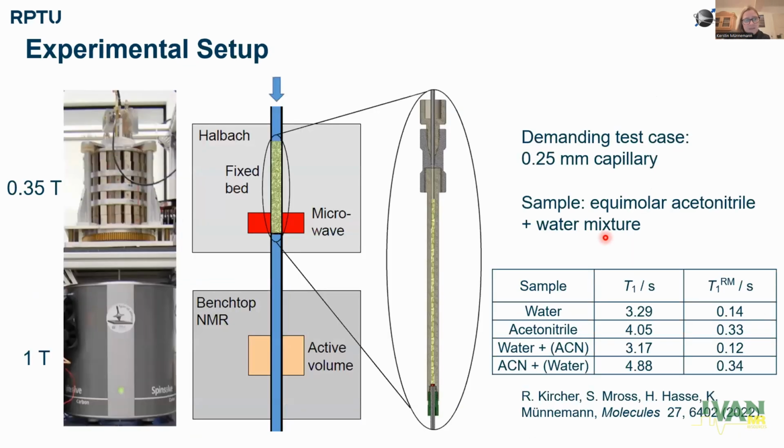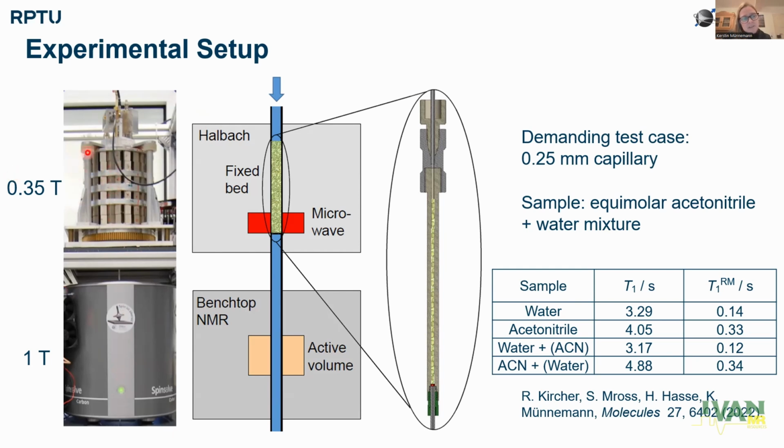Okay, so in our lab, we use a very simple setup because we want to keep it small. If the benchtop spectrometer is to be brought very close to the process and you add something very massive to it, of course, you are then back to high field NMR, let's say. So we decided to do our Overhauser DNP in a tiny Halbach magnet, which is sitting on top of our benchtop NMR magnet.